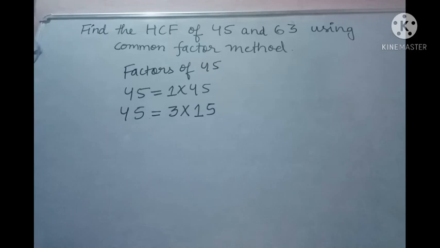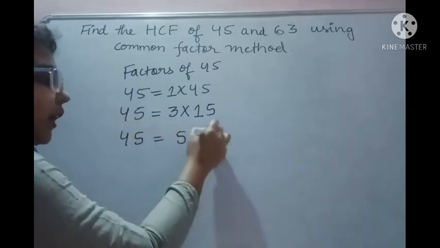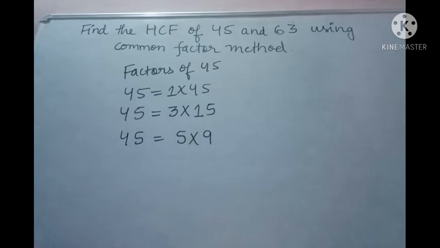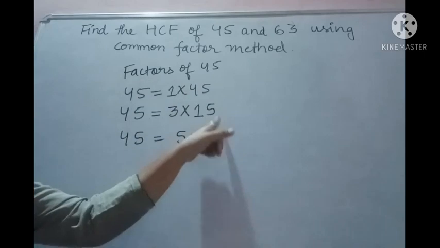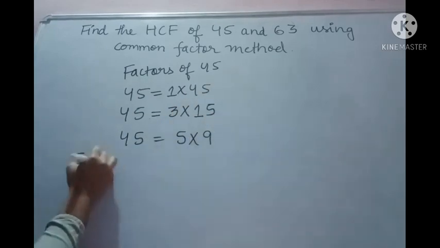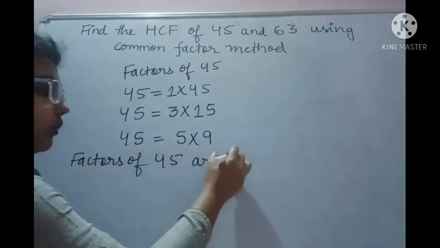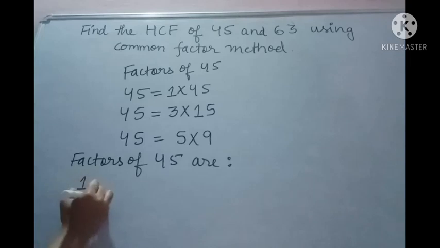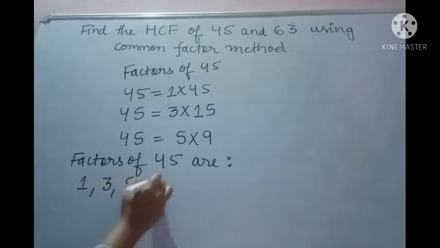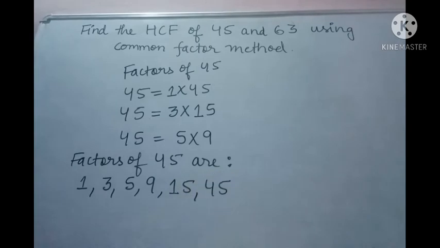Meanwhile, I am just dividing the numbers also. 45 can also be written as 5 multiplied by 9, as 5 nines are 45. After 9, you will find that it will get divided by 15 and by 45 again. So the factors of 45 are 1, 3, 5, 9, 15 and 45 itself.